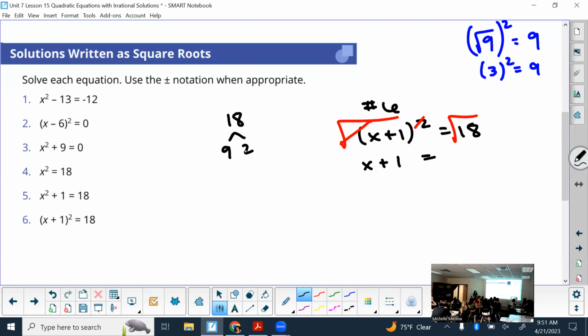So 6 breaks into 2 and 3. So now only look at the prime numbers. I'll even cross out the non-prime numbers because I don't want you to get confused. Only looking at the prime numbers, are there any pairs of the same number? We have a pair of 3s.